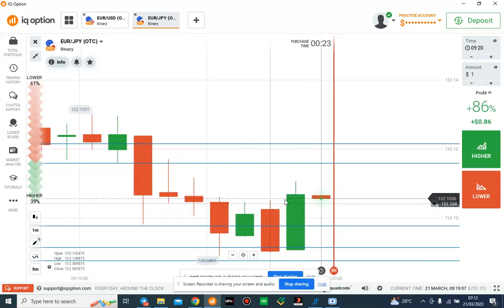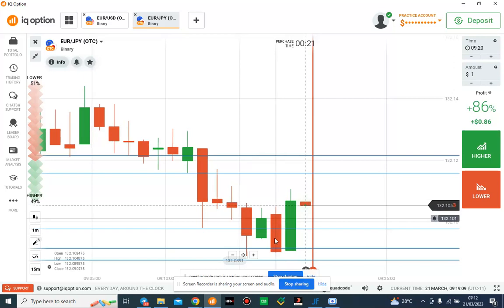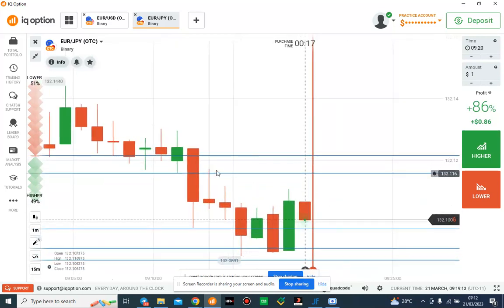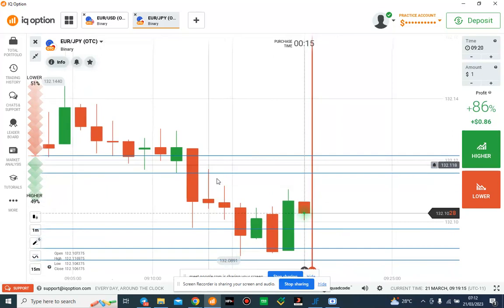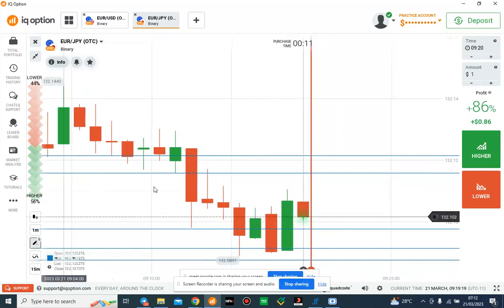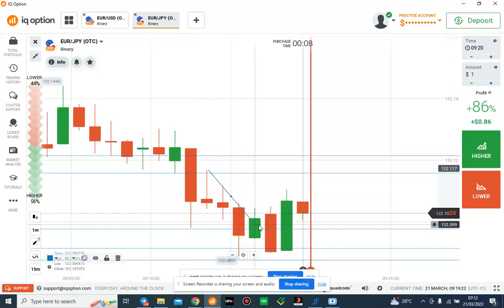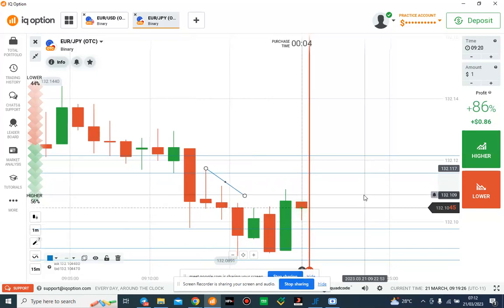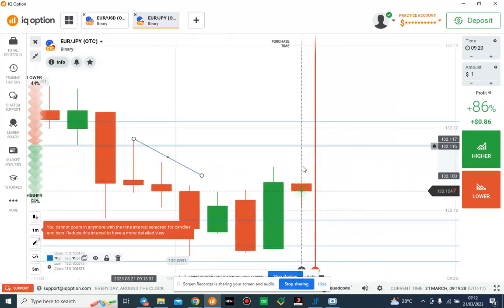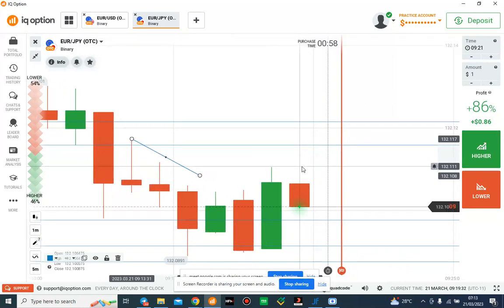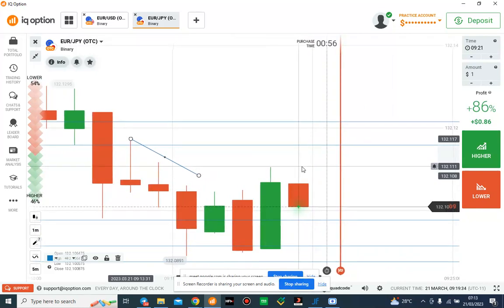Okay, so now the market has created a double bottom and a bullish engulfing from the buyers area. This is the area where we expected some sellers entry. Let's see how the market is going to continue.